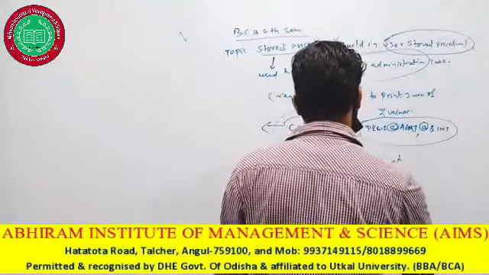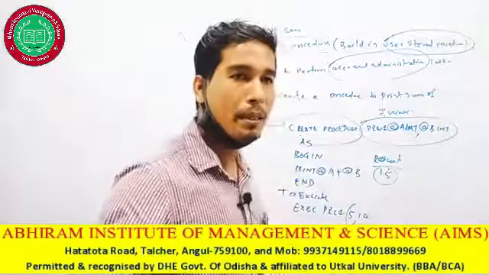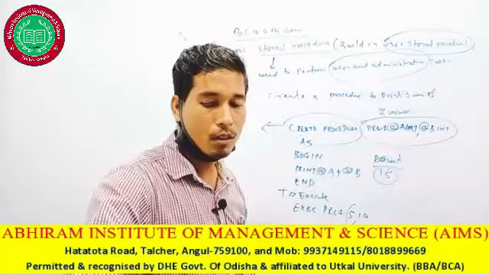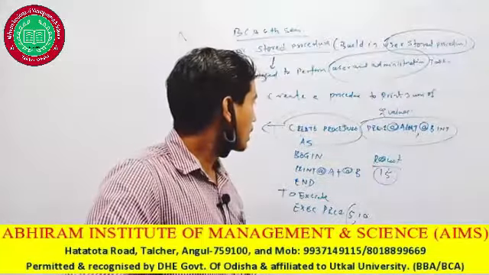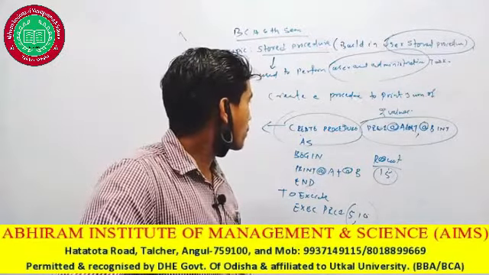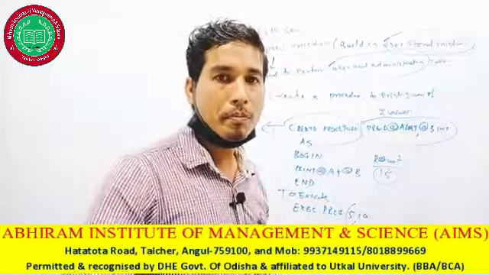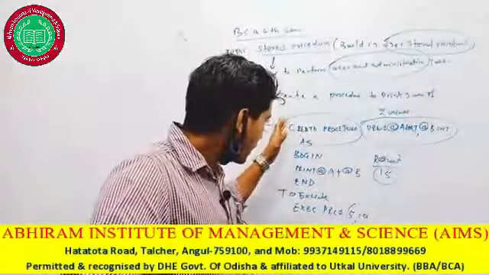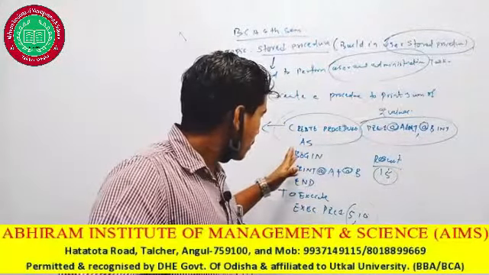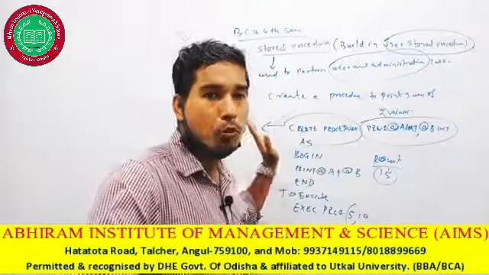The result is going to be 15. 5 plus 10 is equal to 15. So this is the result for the sum of two values in a stored procedure program. You have to write like this when you write a procedure program to print the sum of two values.